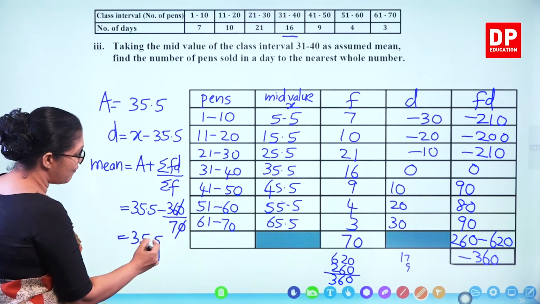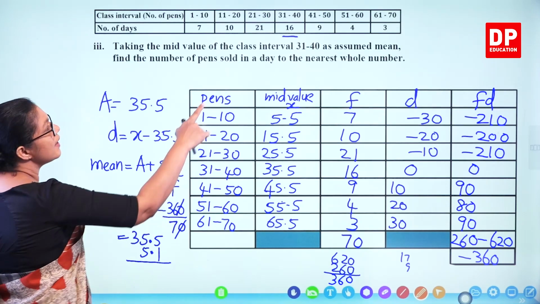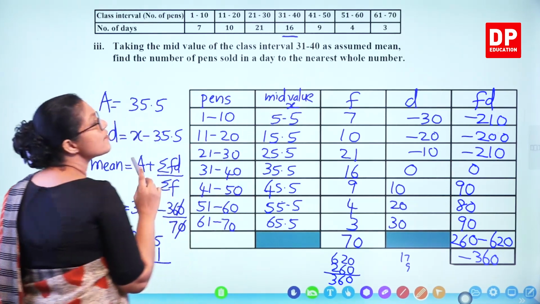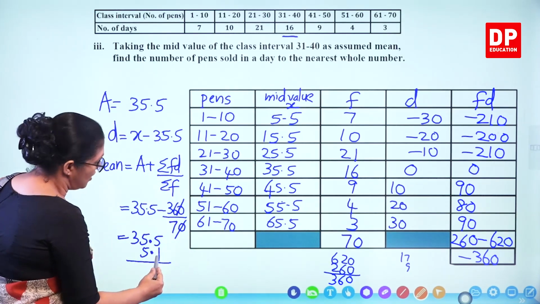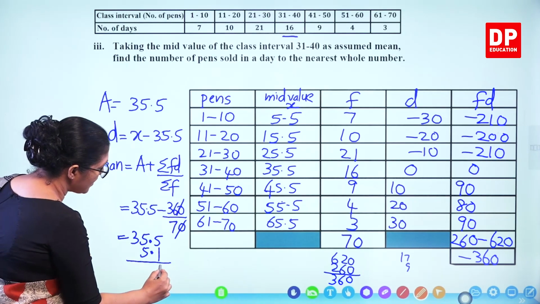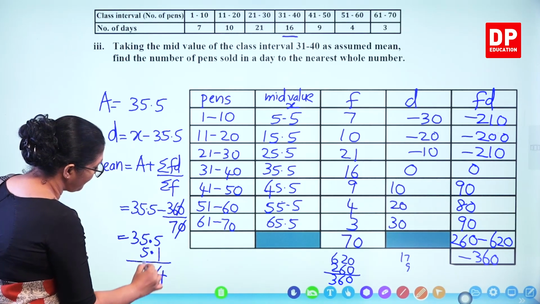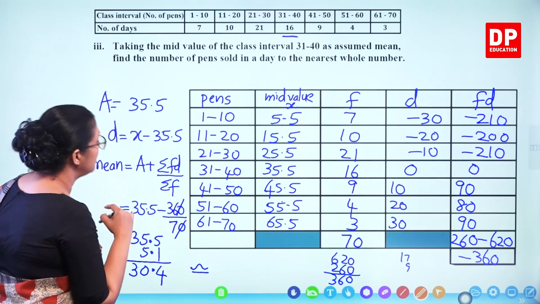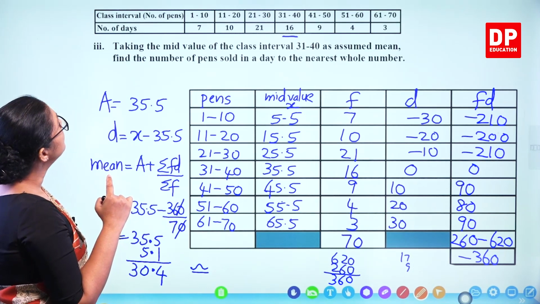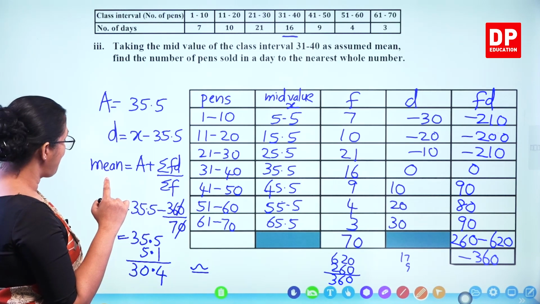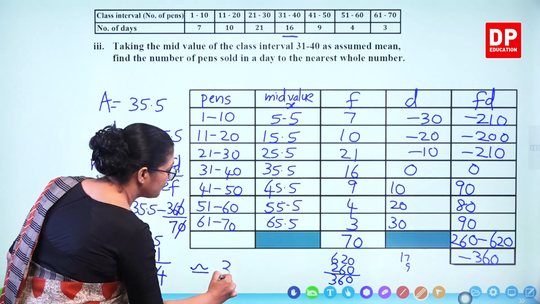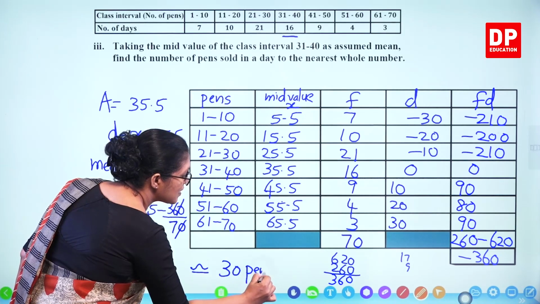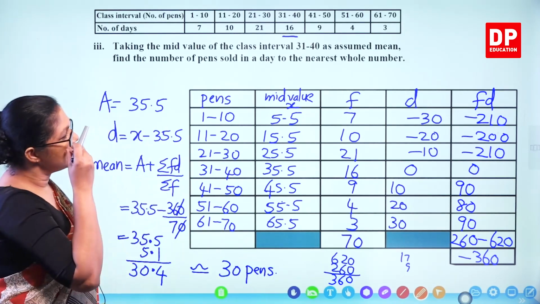So you need only the first decimal place because here it says to the nearest whole number. So we'll do up to this point. So subtract, you get 30.4. So what's the whole number? Number of pens per day? 30. So 30 pens per day.